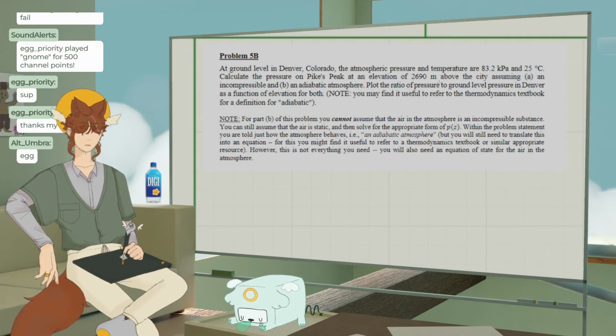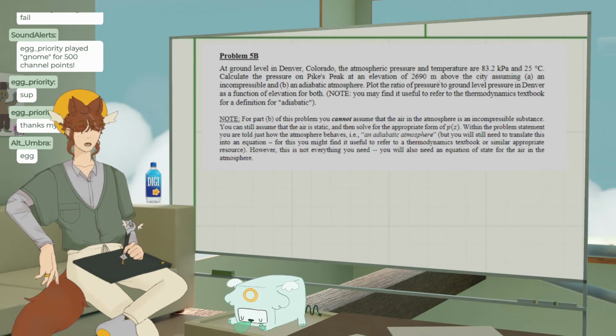What do you think? Look up? Not look up? Make something up? You cannot assume that the air is incompressible. Sure. You can assume the air is static and solve for the appropriate form of PZ. You're just told how the atmosphere behaves in an adiabatic atmosphere. You need to translate this into an equation. You might find it useful to refer to a thermodynamics textbook.